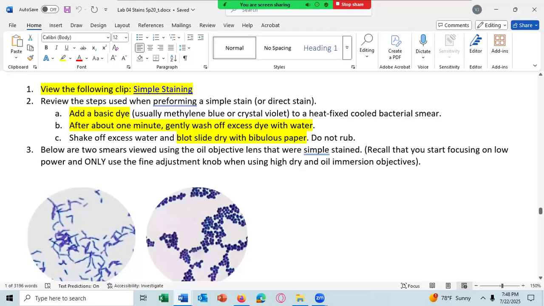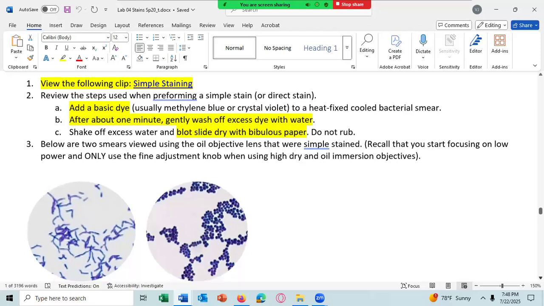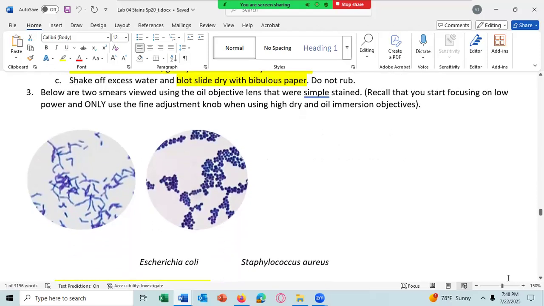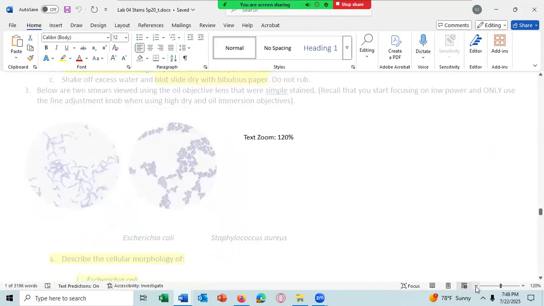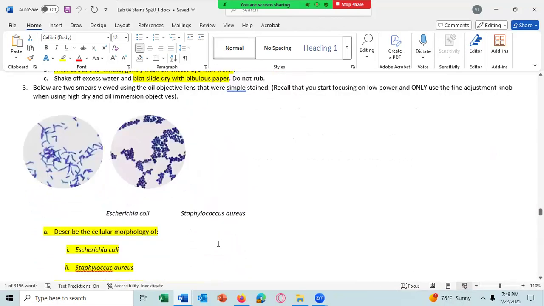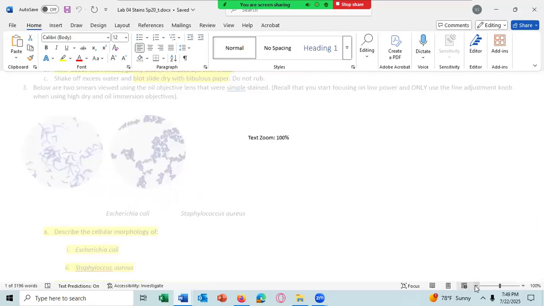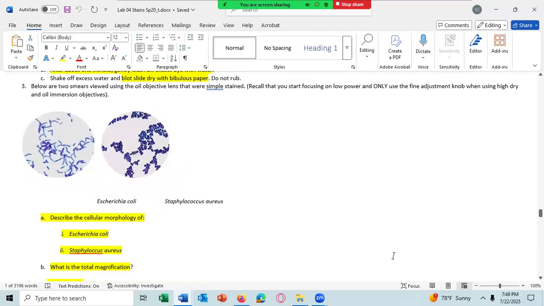And here we see a video, not a video, pictures of a simple stain. There's a simple stain of E. coli and a simple stain of Staphylococcus aureus. Please note that the E. coli are sometimes hooked together. That right there is 2 cells.